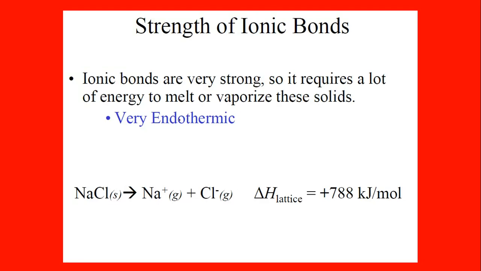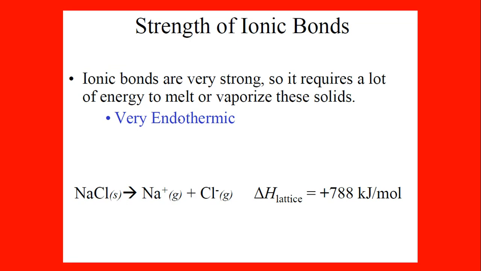First off, ionic bonds are super duper strong, so it requires quite a lot of energy to melt or vaporize these solids. Basically, any change of state, from solid to liquid, solid to gas, and so forth, is very endothermic.